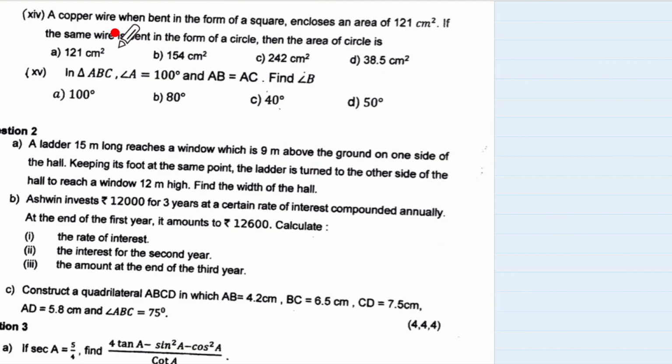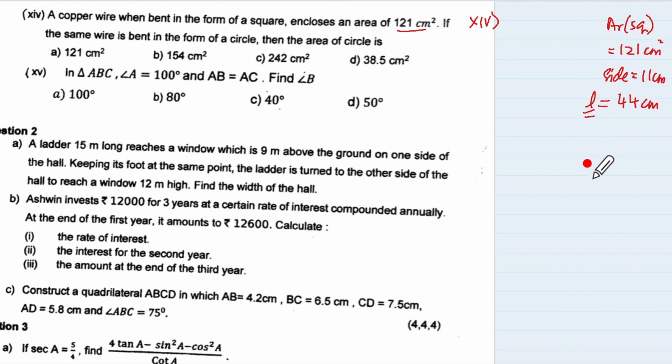So a copper wire bent in the form of square encloses 121 centimeters square. So that means the area of square is equal to 121 centimeters square. So the side of the square will be root of this because a square is 121, so 11 centimeter. So the length of the wire is going to be equal to 4 into 11 means 44 centimeter.